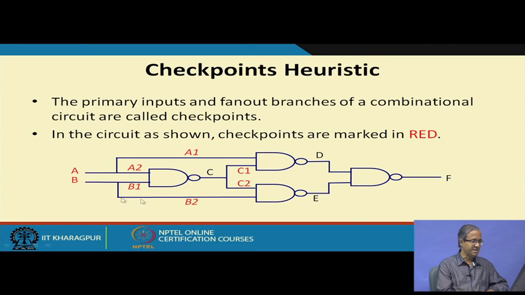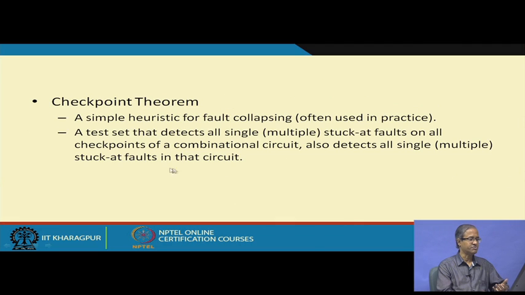Means in this circuit we identify the checkpoints, just keep the checkpoints and delete all the faults on all other lines, because you know that faults on all other lines will be either equivalent to some other fault or they will get dominated by some other faults. So, checkpoint heuristic is a very quick method to do this fault collapsing, right, and this is often used in practice.